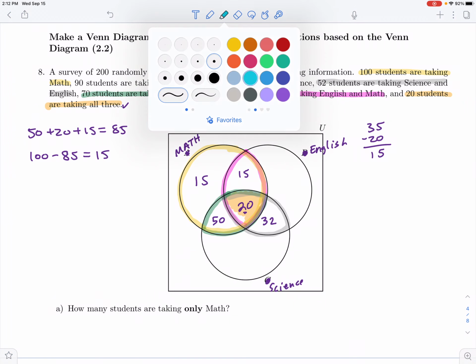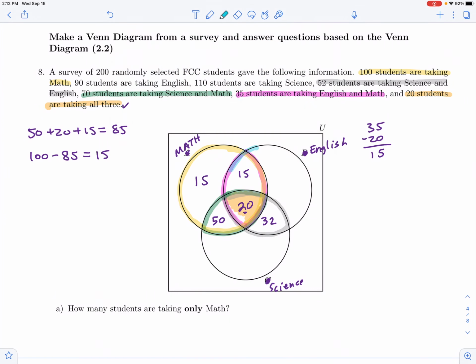Let's grab this blue color. There are 90 students who are taking English, which means everything in that circle has to add up to 90. But we've already got 20, 32, and 15.